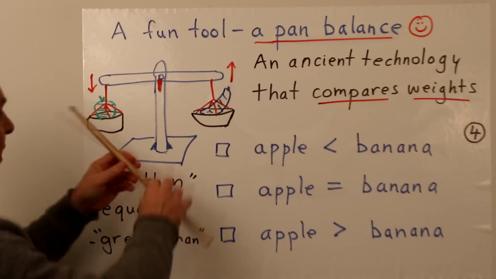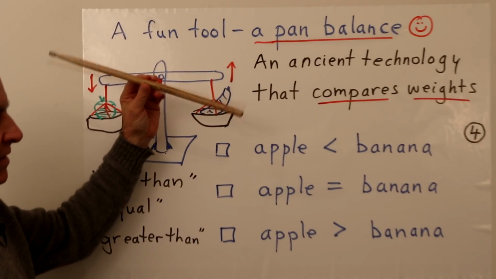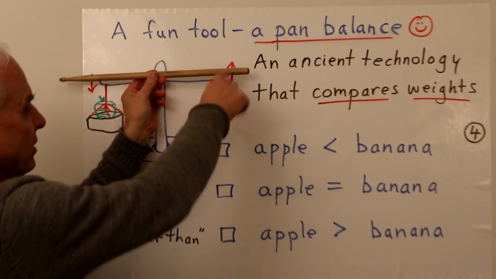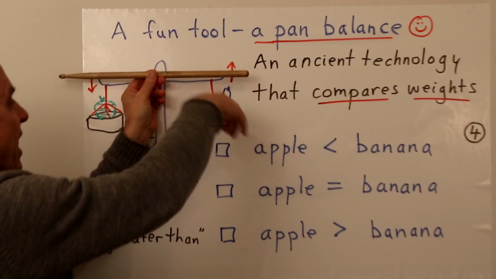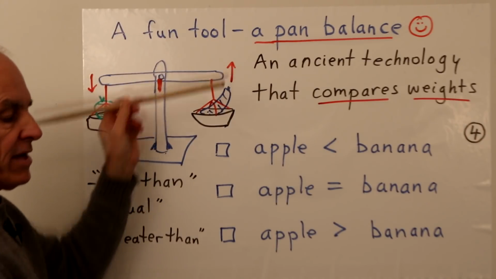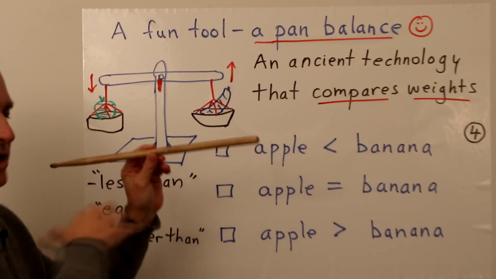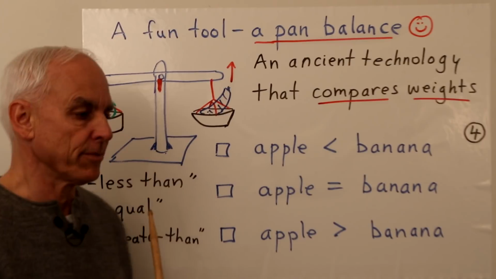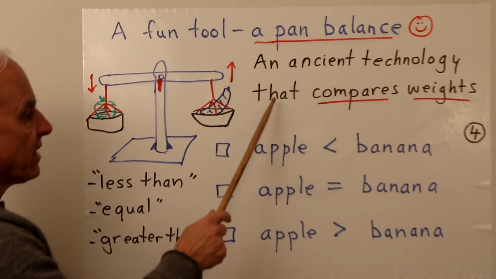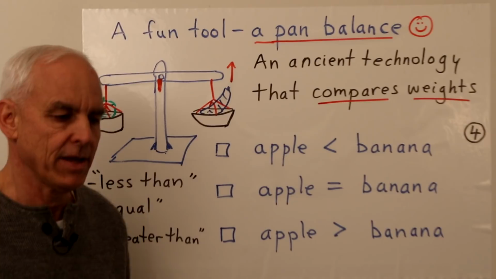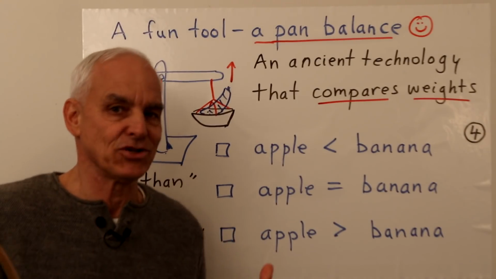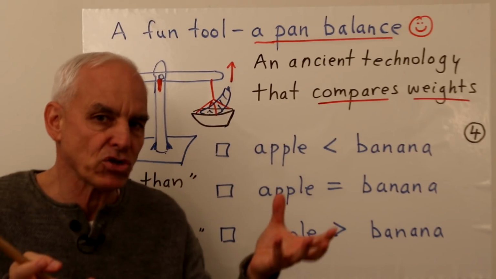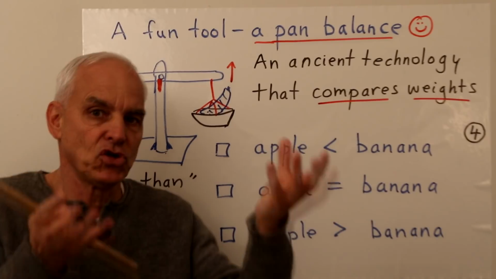Where we have some kind of system like this, where ultimately there's a lever that can rotate around some point there, with pans attached on either side, so that we can determine whether two objects have the same weight or not, or more generally, which of two is heavier or lighter. So this is an ancient technology that compares weights.